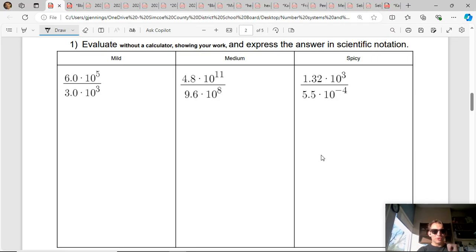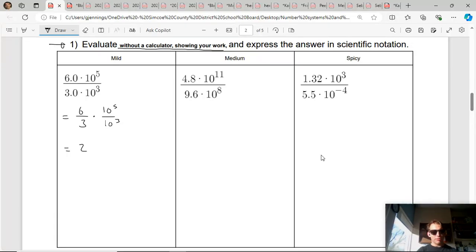We are going to evaluate these divisions. Okay. So this one here, I want you to do this without a calculator, showing your work. That way I know that your thinking is good about exponents and you can apply your exponent laws to scientific notation situations. So I think about this as 6 divided by 3 multiplied by 10 to the 5 divided by 10 to the 3. Okay, 6 divided by 3 is 2, and that works just like division.